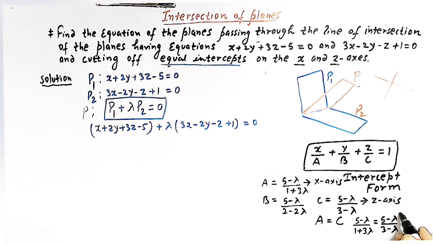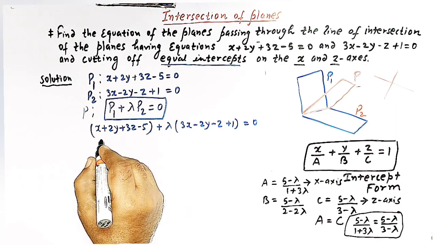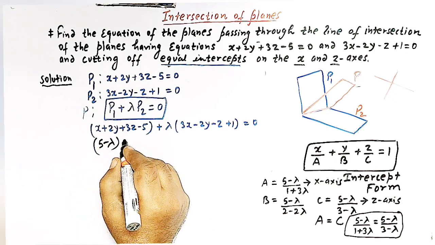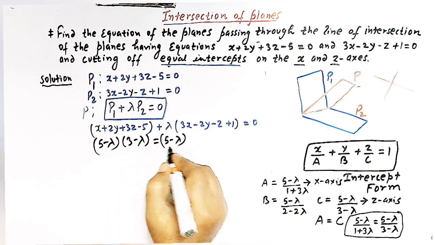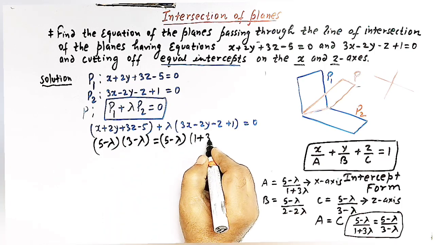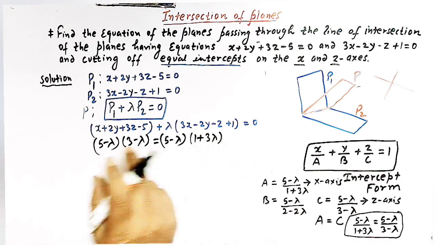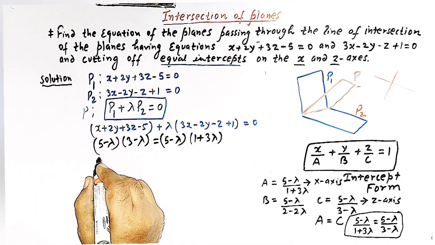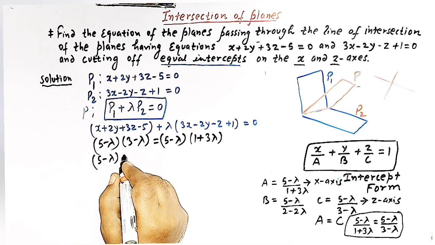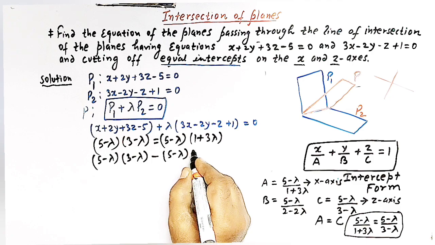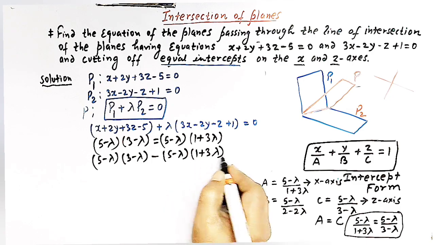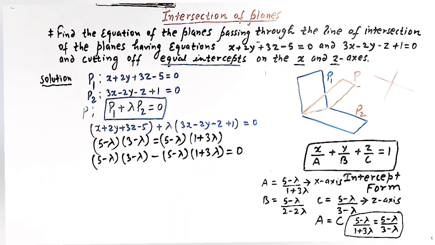Now let us solve this equation, right? Taking the cross multiplication, we have (5 − λ)(3 − λ) and (5 − λ)(1 + 3λ). Taking this term to this side, we have (5 − λ)(3 − λ) − (5 − λ)(1 + 3λ) = 0, right?